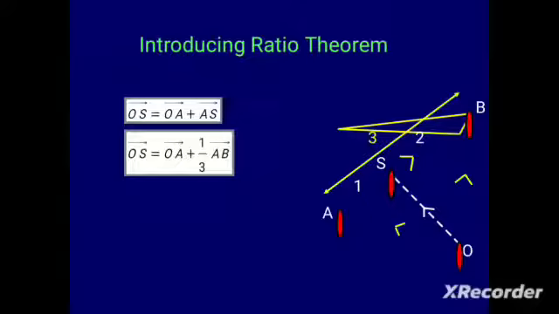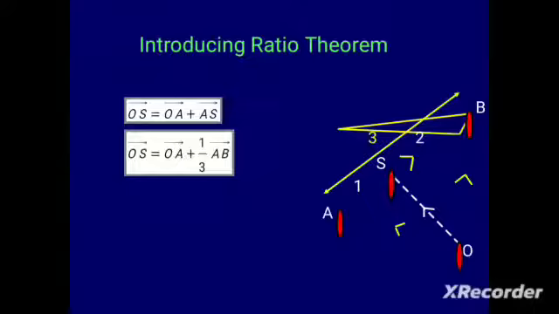So the second part, we are just trying to fix the values if we have them. So we have vector OA plus AS. AS, of course, it will be a third of the whole length, or rather the whole line, which is AB.